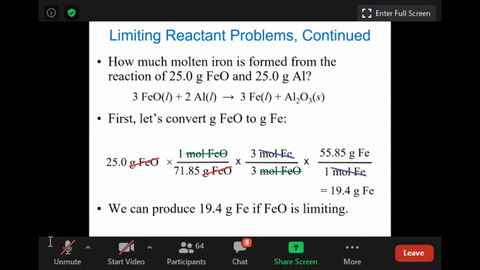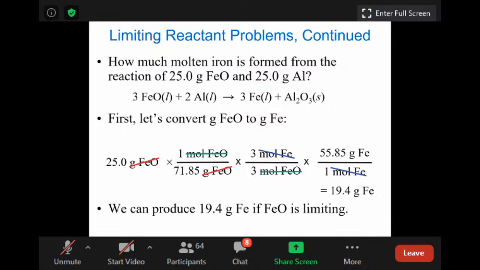We have two fellows here that can make this molten iron, FeO and aluminum. So what is the contribution of FeO in making molten iron? What is the contribution of aluminum in making molten iron?